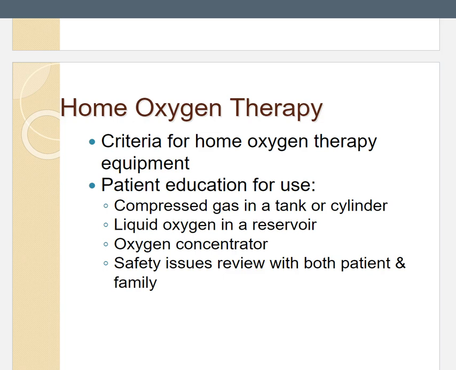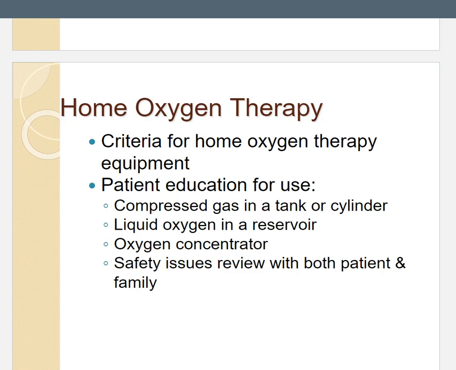Usually their PaO2 is 55 or below, and their pulse ox is below 88 on room air and at rest. Those are usually the criteria they use, but obviously that can be a little give and take depending on how the patient presents.